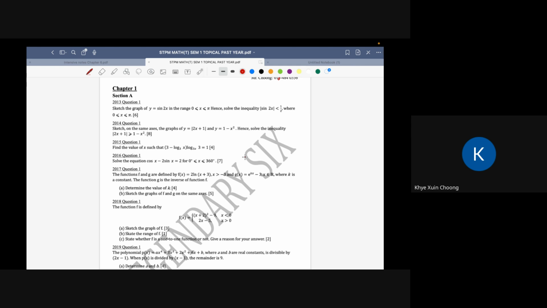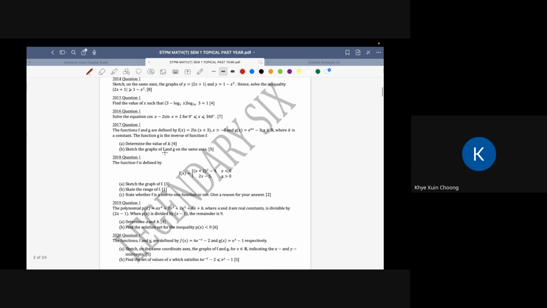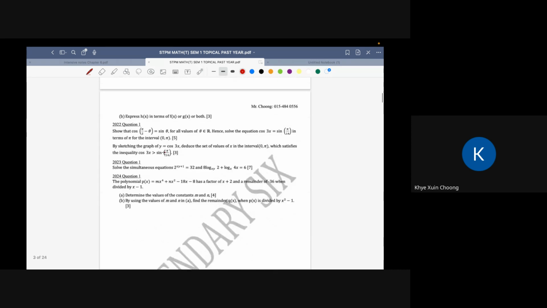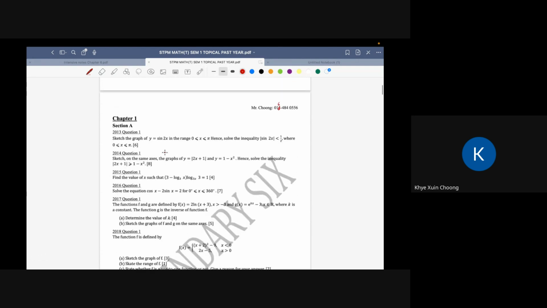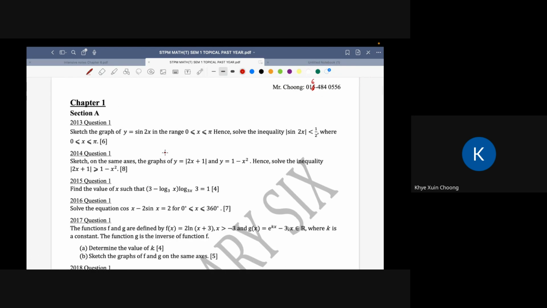So we can say that it's actually all the past year for the current syllabus. You can notice that every question 1 is from chapter 1, then every question 2 is from chapter 2. So the question number is according to the chapter numbers.